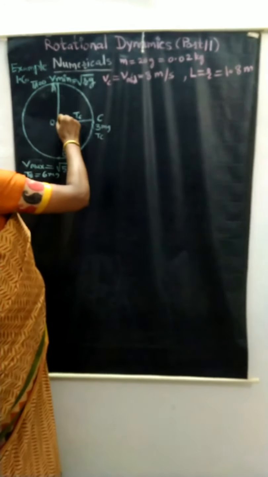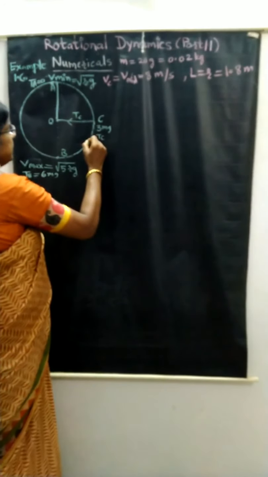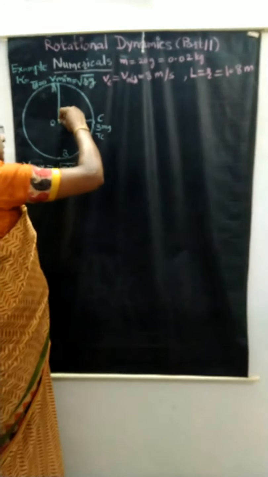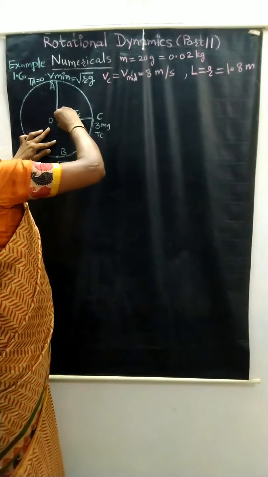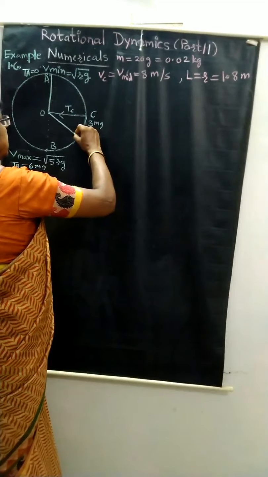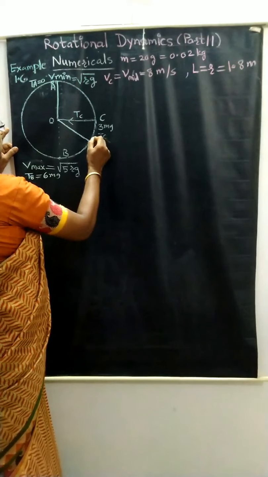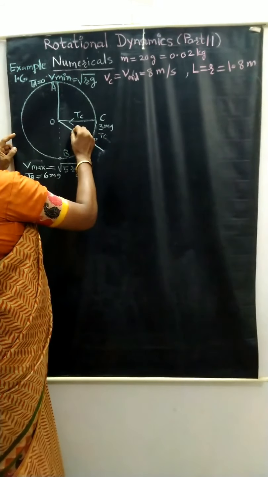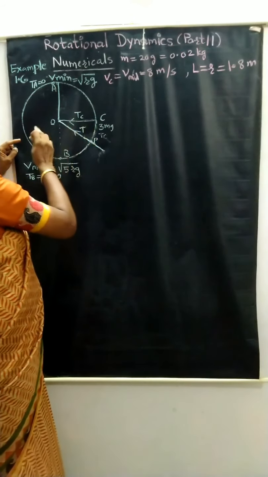Let us consider an arbitrary point P here. Suppose the point is here. Then we join the point and the center of this sphere. So this is point P and tension is acting in this manner towards the center O of the circle.